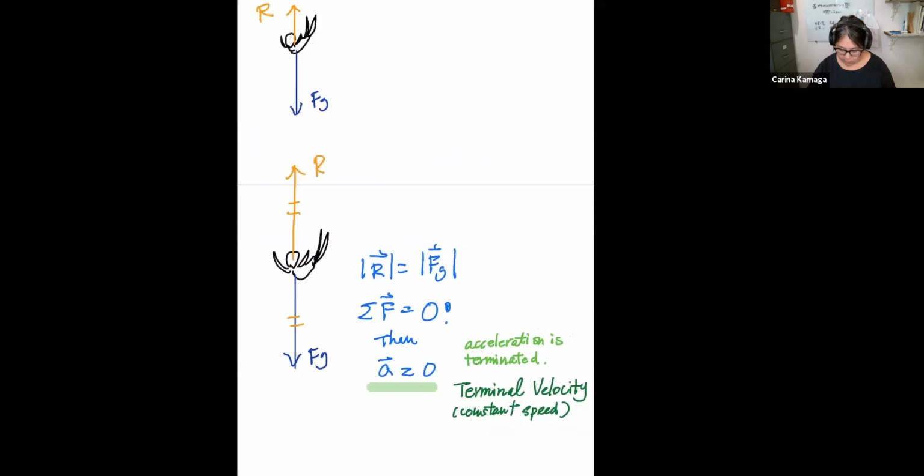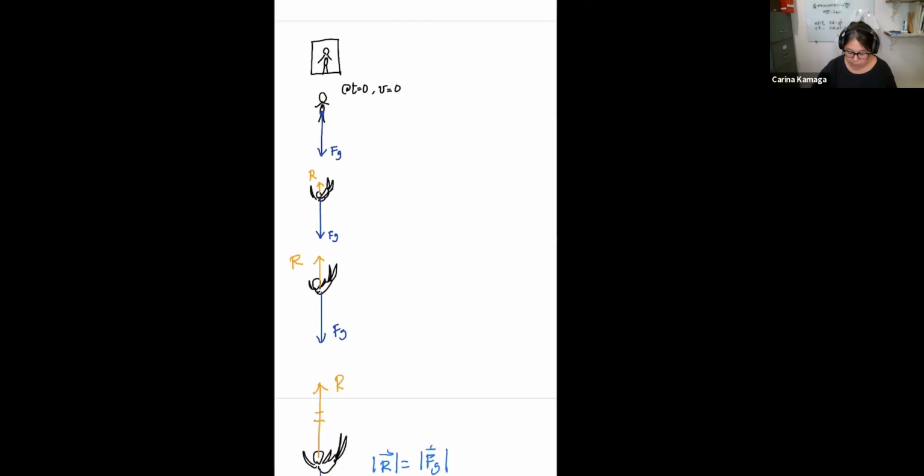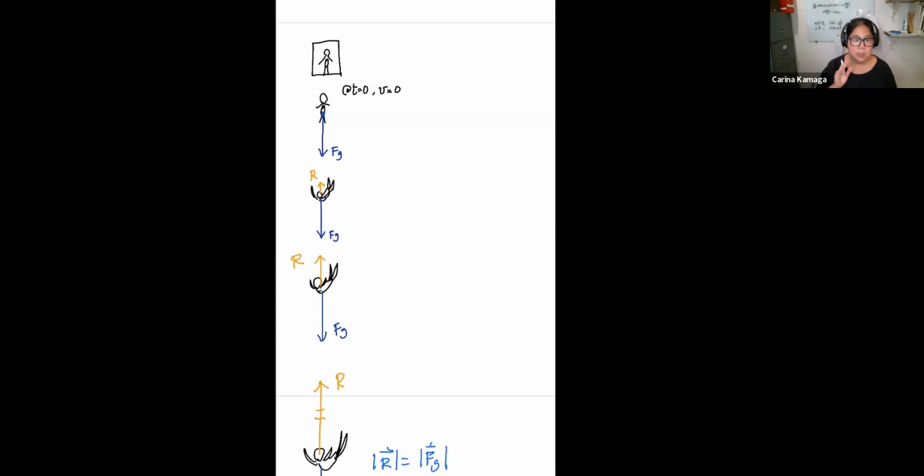So let's review here. When the person immediately falls down, there's only gravitational force. You're just starting from rest, so there's no air resistance. But as you go down, your speed increases. As the speed increases, air resistance also increases. Until the air resistance becomes as large as the gravitational force, then the net force will be 0.